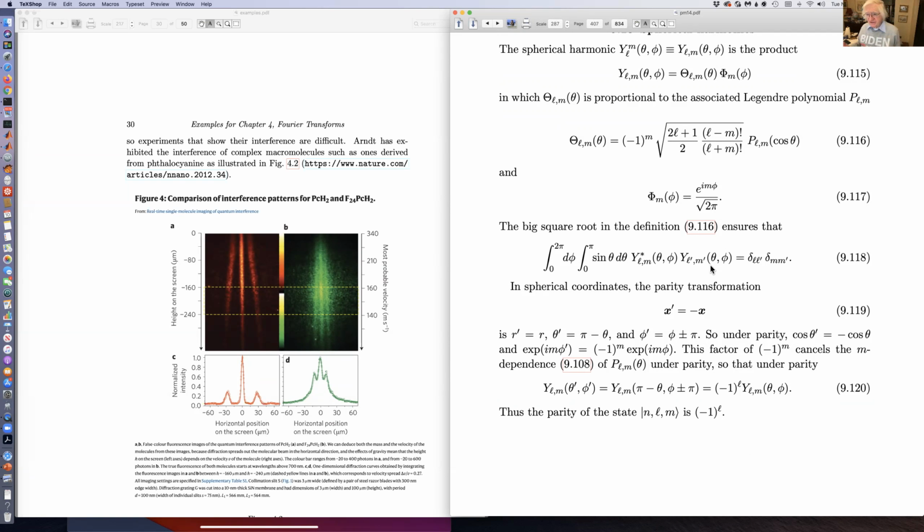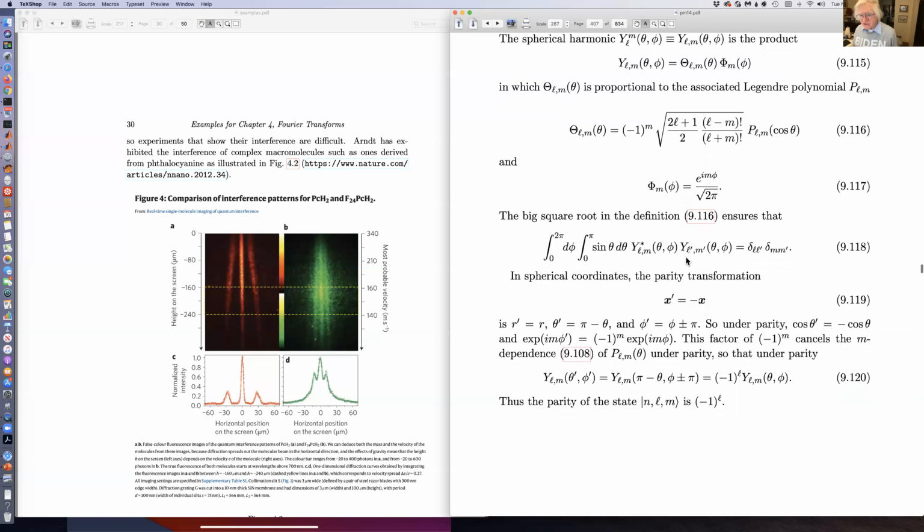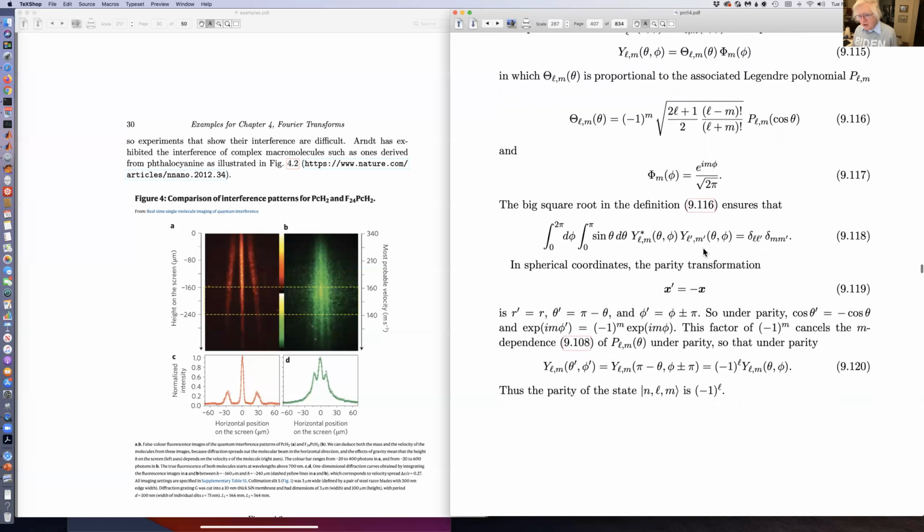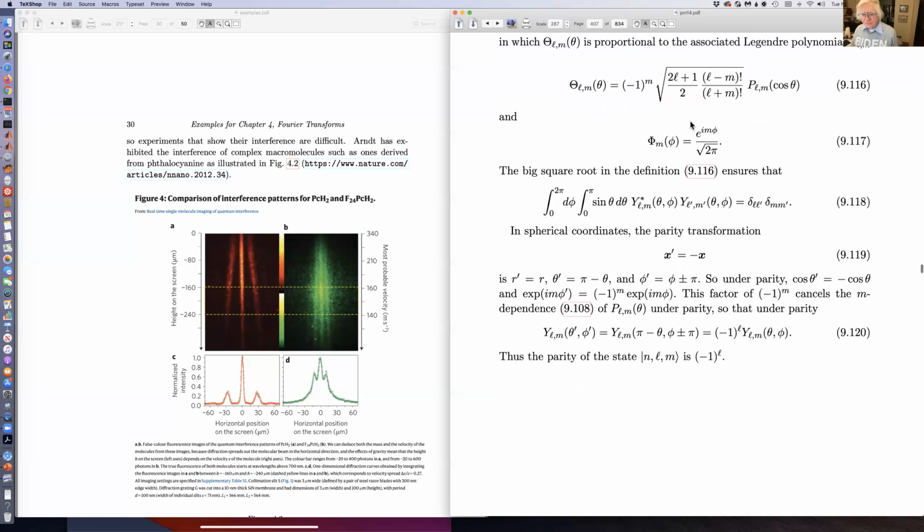And they're orthogonal for different eigenvalues, L. And the numerical relation is this, and the reason for the crazy square root and the minus 1 to the m is so that we have Y_lm star times Y_l'm' integrated over the unit sphere to be delta L, L prime, delta m, m prime. So we want a 1 here, and for that reason we have these crazy factors.